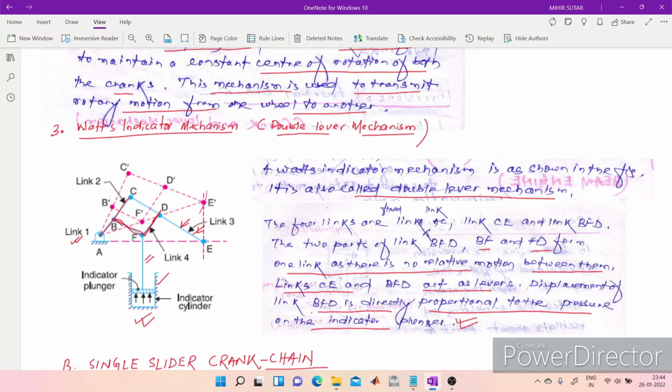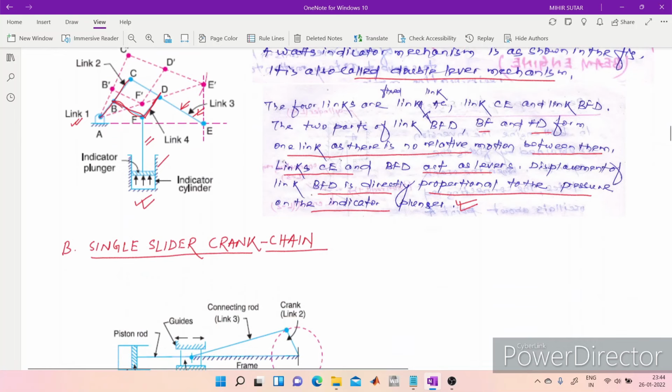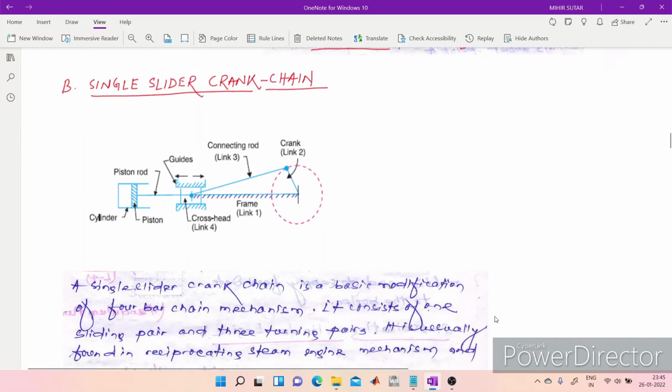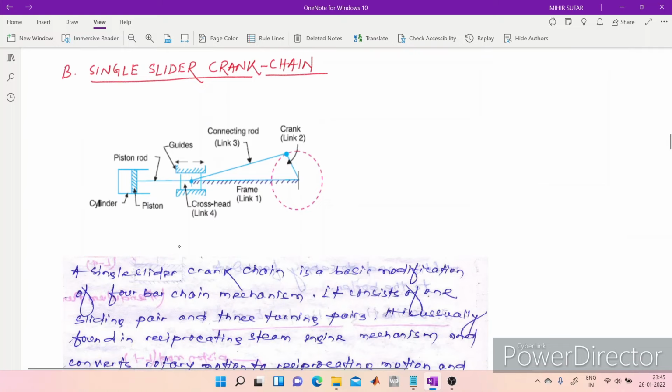Now single slider crank chain. So this is the basic schematic of a single slider crank chain.